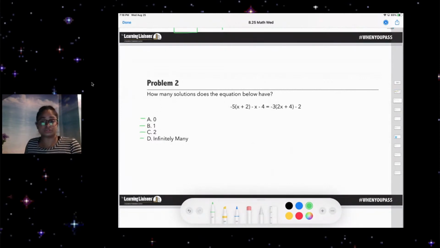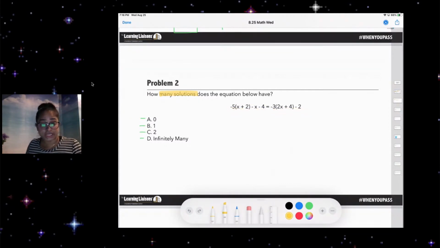So in order to do this, we have to solve for x, or we can try something else. We can take some numbers, plug them in, and see if it gives us correct answer choices. So there's multiple ways to do this. We're looking for how many numbers can be plugged into x and give us a true statement on the left and right-hand side.